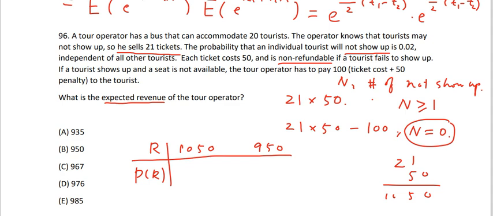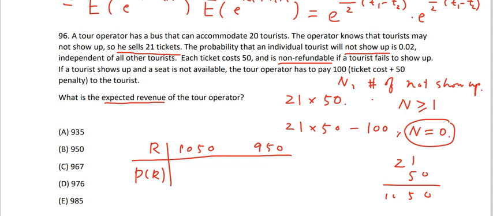We totally have 21 people, and each person can show up or not show up. So the number of show-ups follows a binomial distribution.